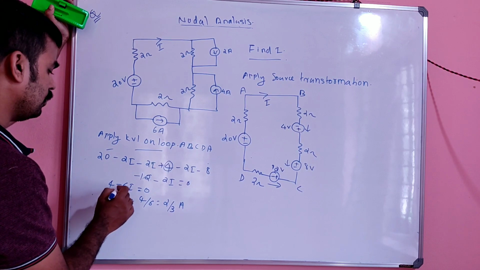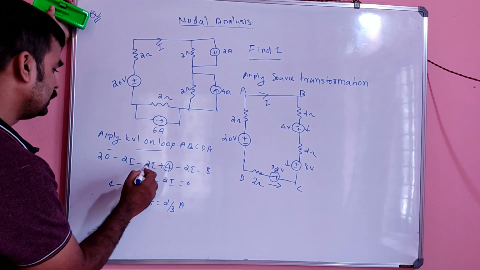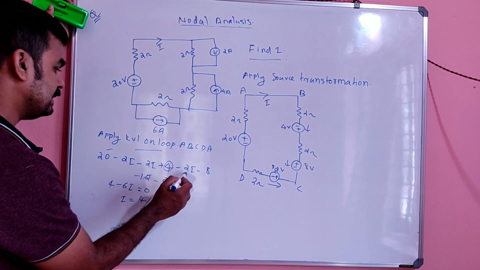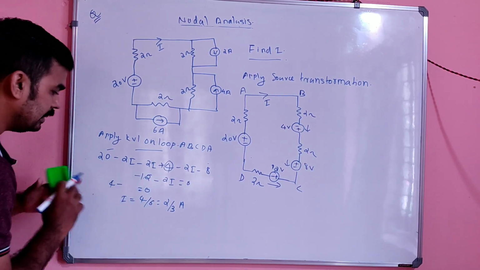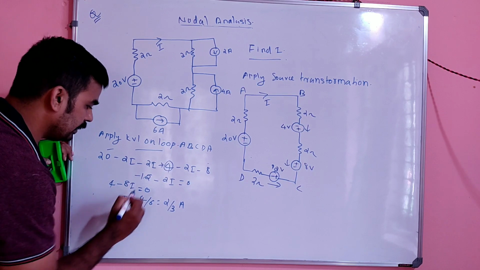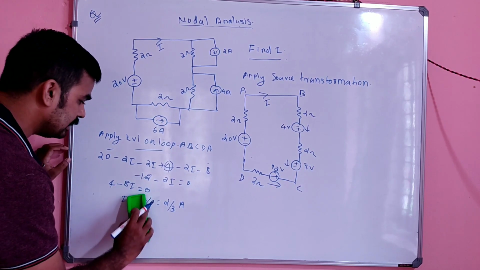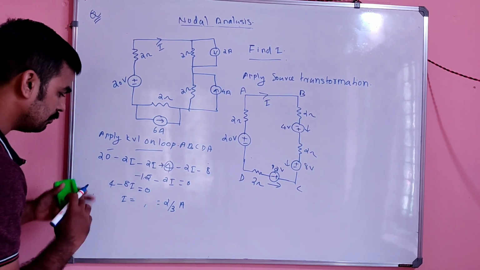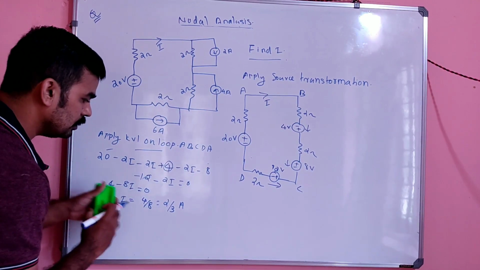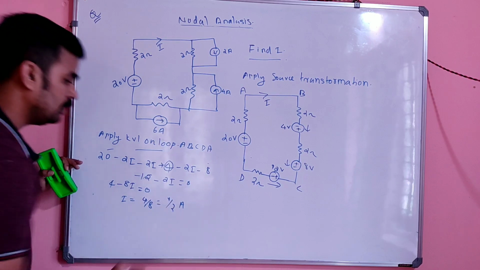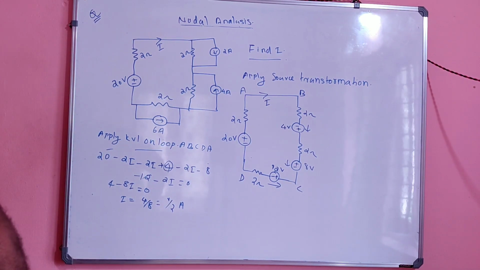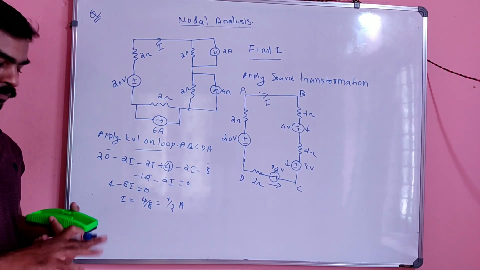So 4 minus 2I, 4I, 6I, 8I. See, it is 8I, no? 8I equal to 0. So I will be equal to 4 by 8. So it will be 1 by 2 ampere. Correct. Now the answer is correct. Let's check. Yes, it is 1 by 2 ampere.